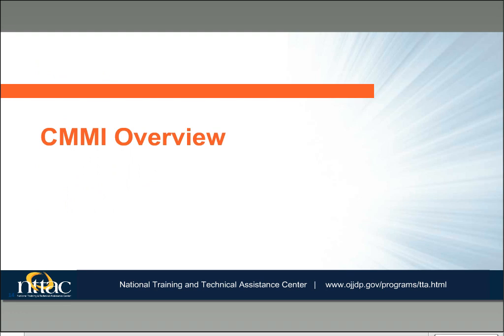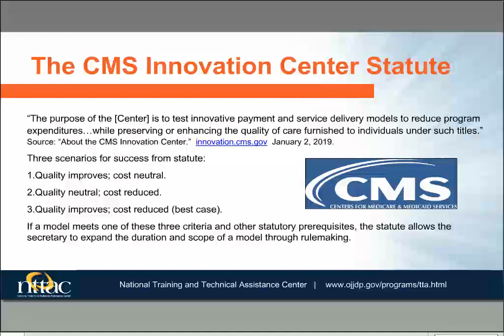Now let's go over some background information. The Center for Medicare and Medicaid Innovation is a component within the Centers for Medicare and Medicaid and was established under Section 1115A of the Social Security Act to test models that improve care, lower costs, and better align payments to support patient-centered practices.